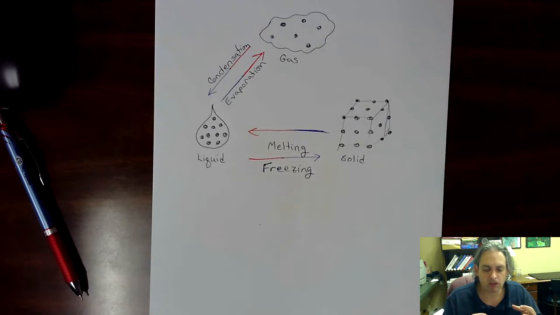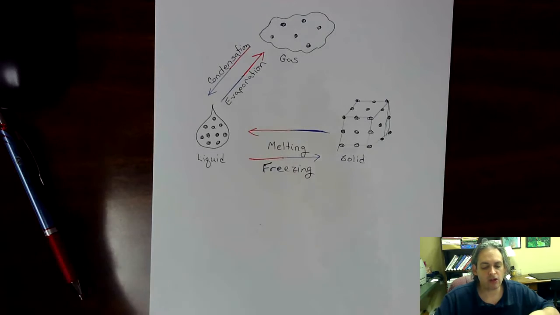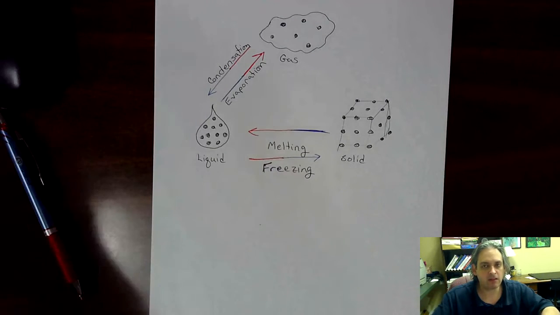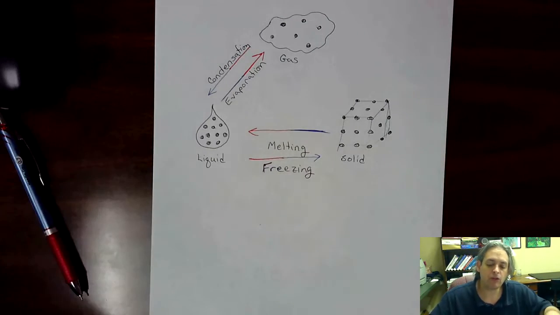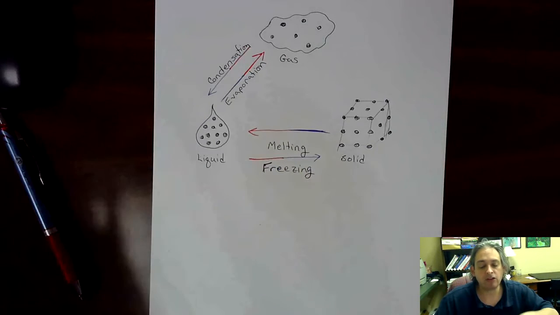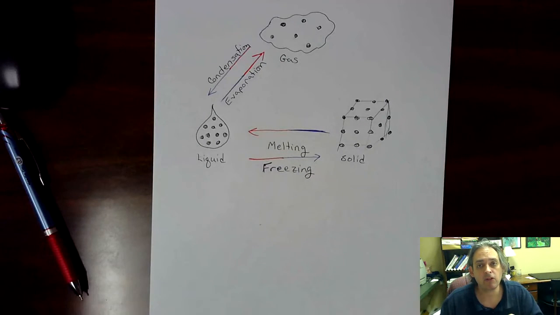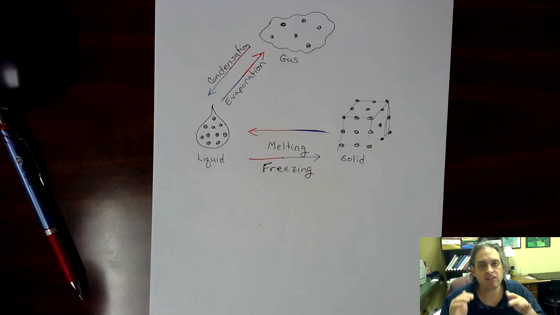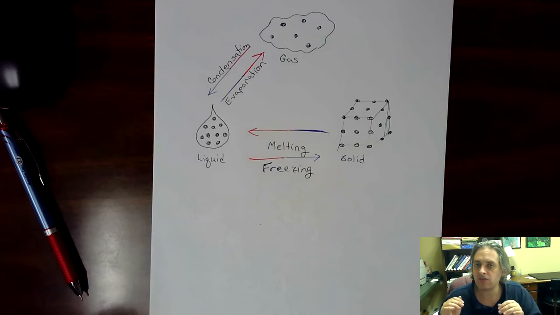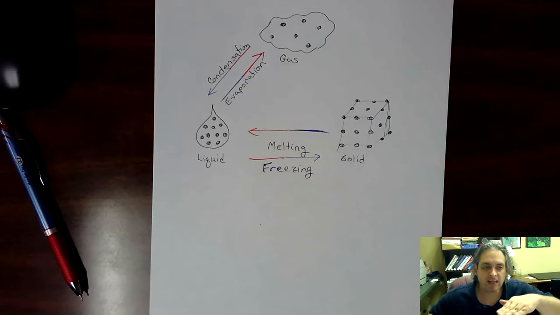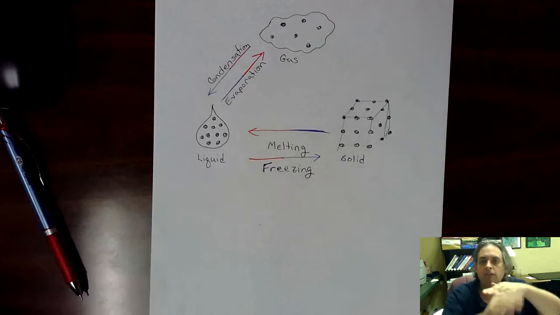The molecules in water are always moving. They're constantly moving around. A puddle has lots of surface area, and those water molecules are moving around. So you can imagine that some of those molecules can have just enough energy and the right direction that they end up zipping right off of the surface.